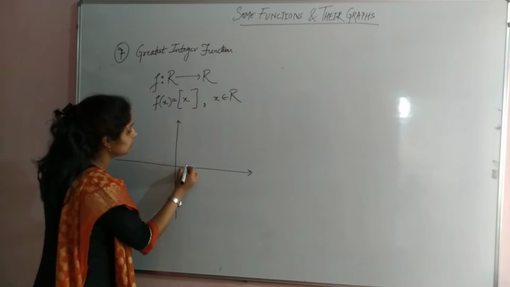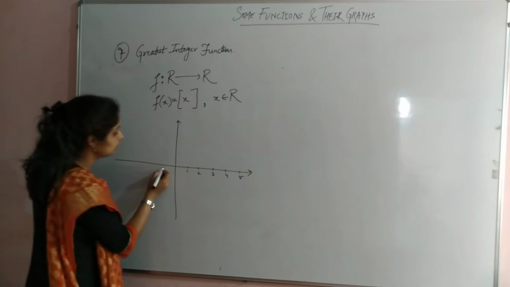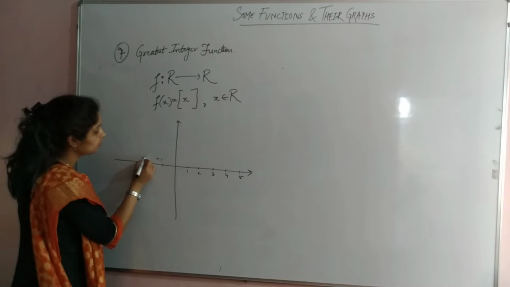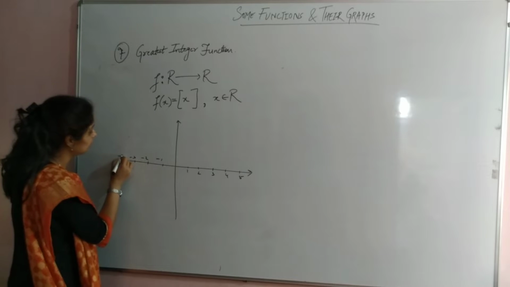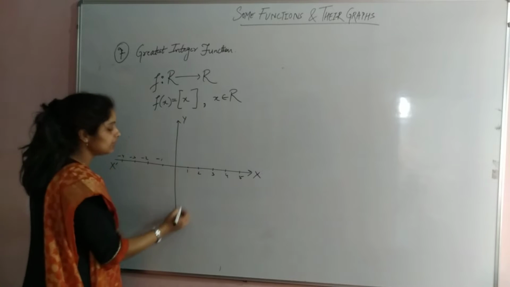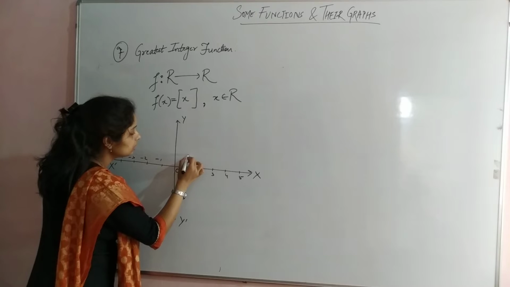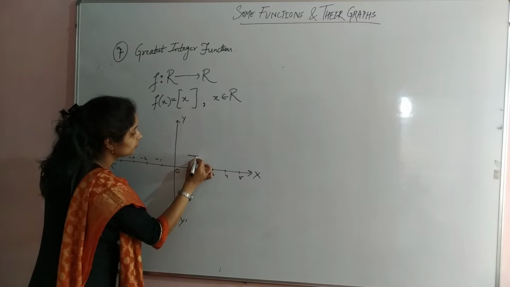In this graph, this is 1, this is 2, this is 3, 4 and 5. Here it is -1, -2, -3, -4. This axis is the x-axis, this is the y-axis, and this is the origin. Now let us draw. This graph is in the form of steps.